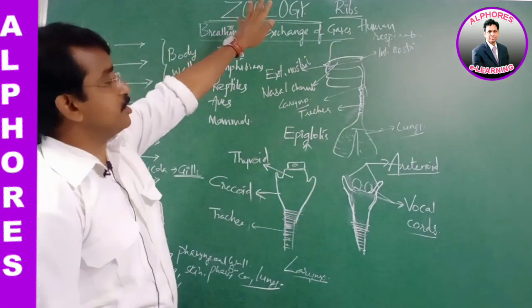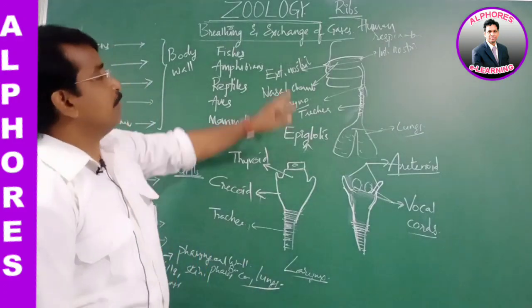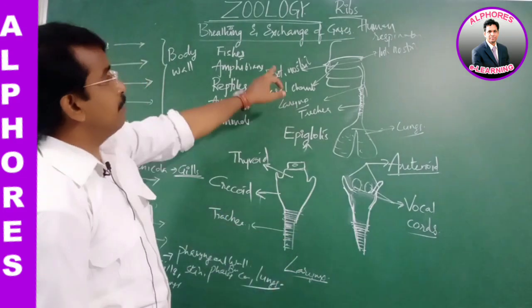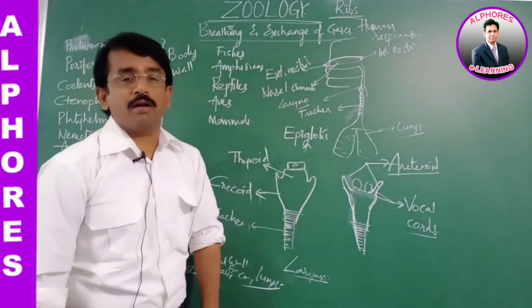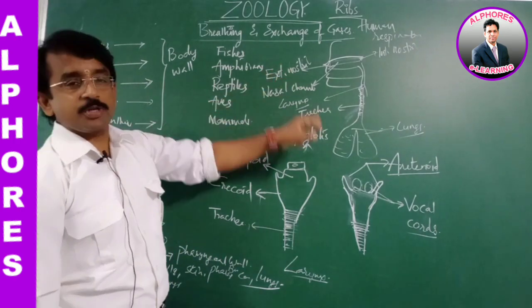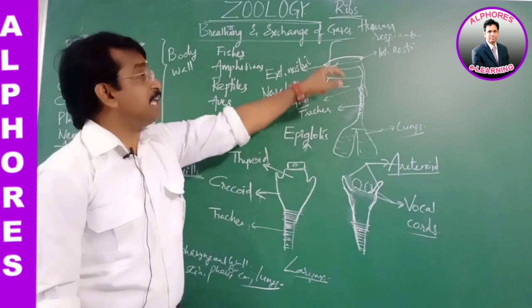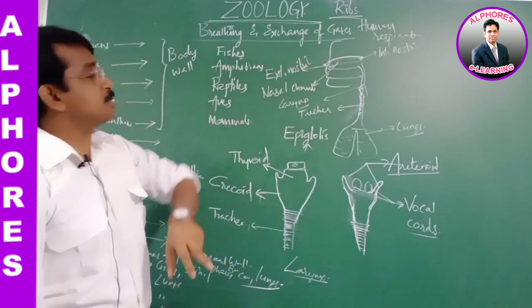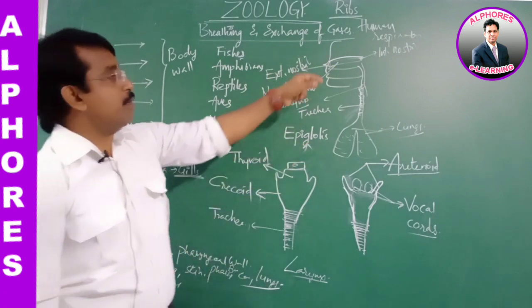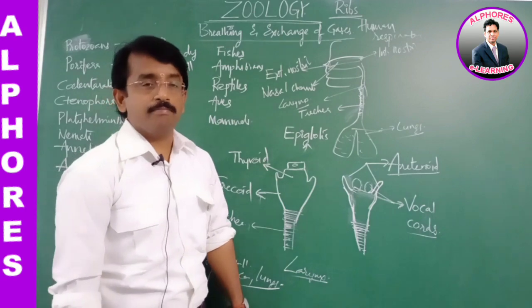Now we'll discuss the detailed description in this connection. The first part to be discussed is the external nostrils or external nares. The external nostrils are rounded, arranged at the tip of the nasal chamber.